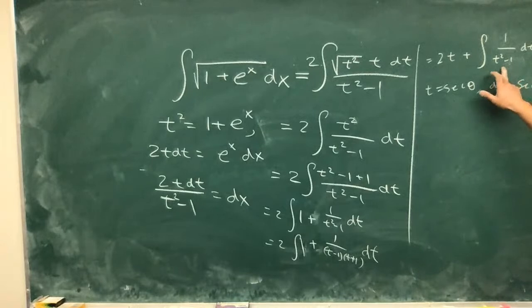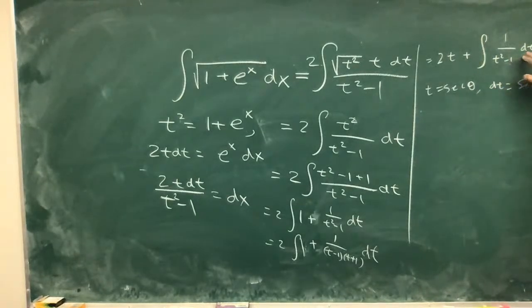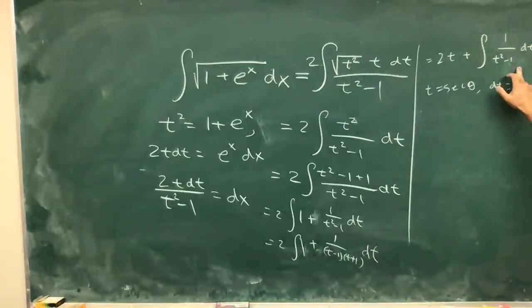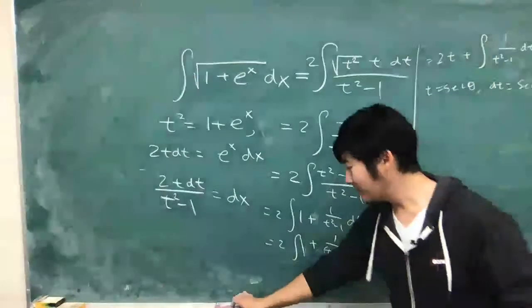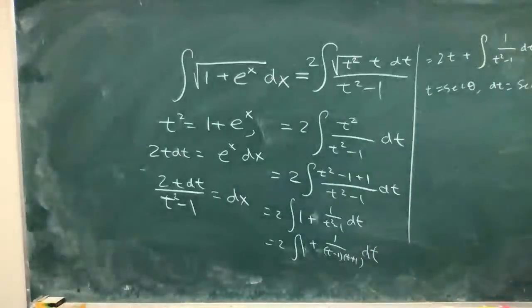This will be secant squared. This will be secant tangent. So you get tangent over secant, which is like sine over. Okay, so it's going to be like integrating cosecant, which again is not that bad, but I would rather do it like this.